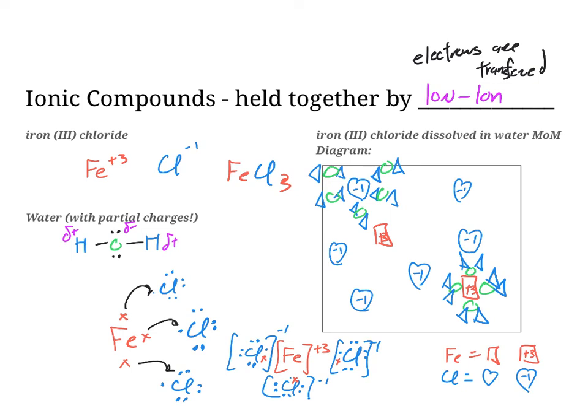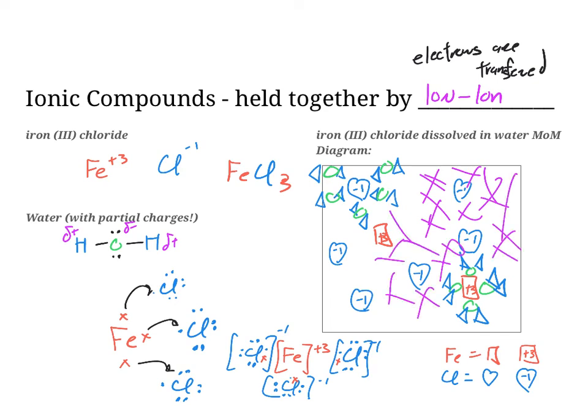So that's what you really have to focus on. We could go back and fill in the water with X's like we did in the past, and that's important to be able to do. But the big thing to take away is that the positive part of water will attract to the negative ion of chlorine in iron 3 chloride, and the negative part of water will attract to the positive part of the iron in iron 3 chloride.